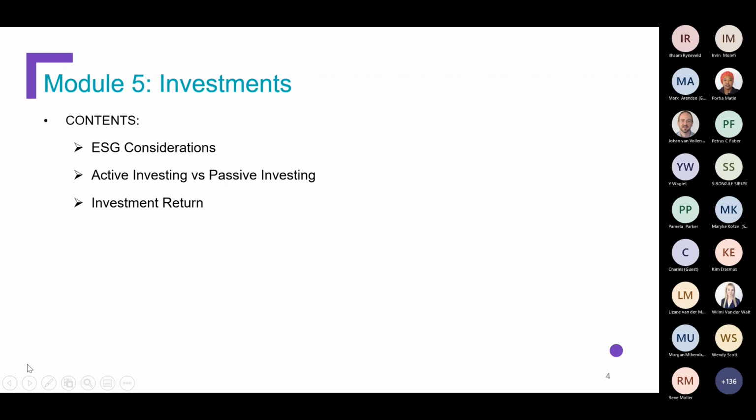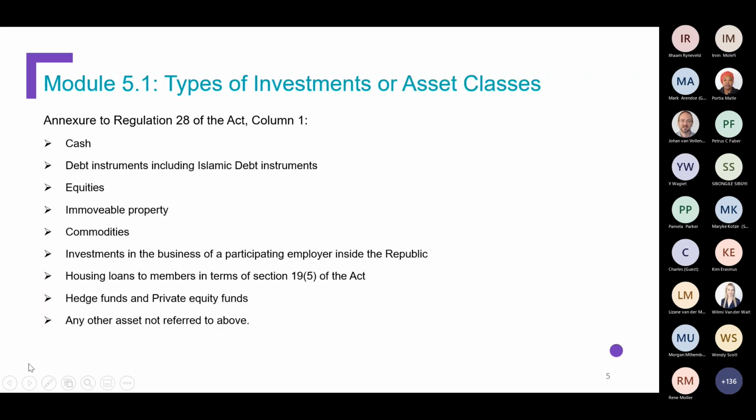Next slide, please. I will also cover the ESG considerations in investment, the difference between active investing and passive investing, and the last one will be the investment return. Next one, please.